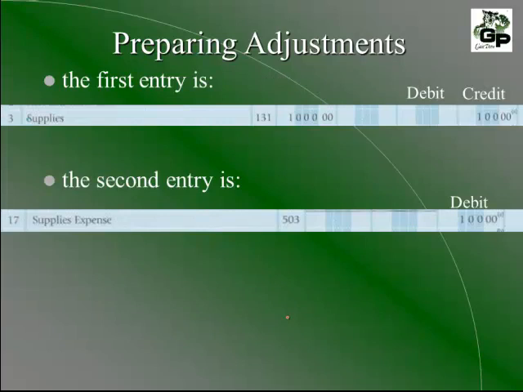The first entry is supplies, $100. The second entry is supplies expense, $100. Be sure to include the appropriate account number that has been set up for supplies expense.